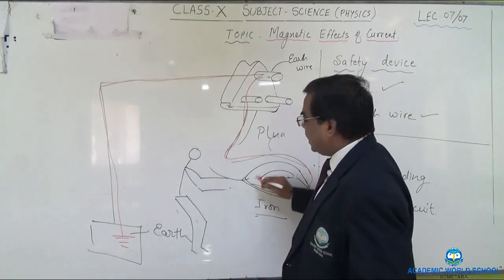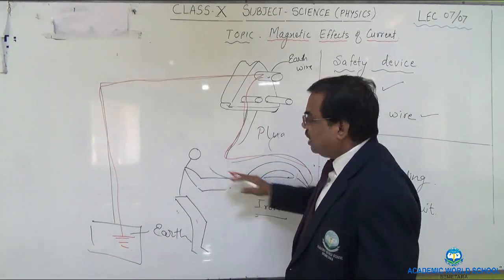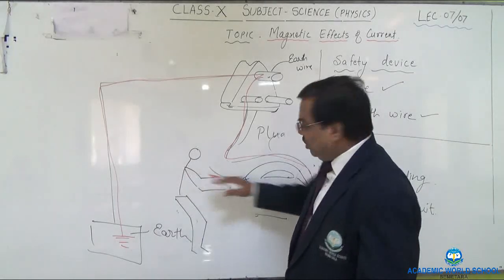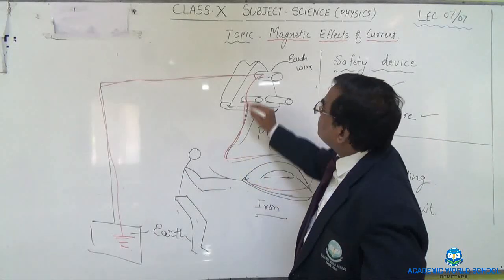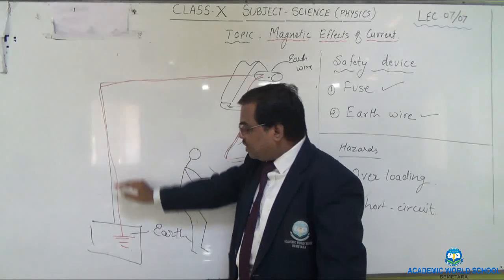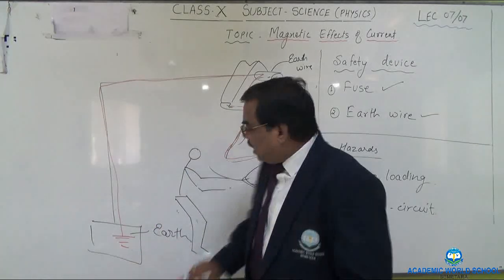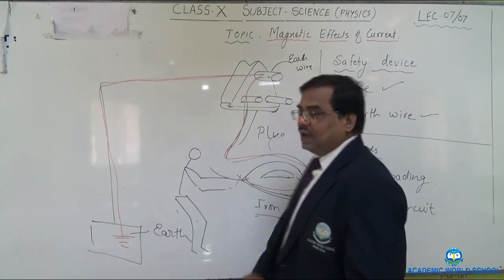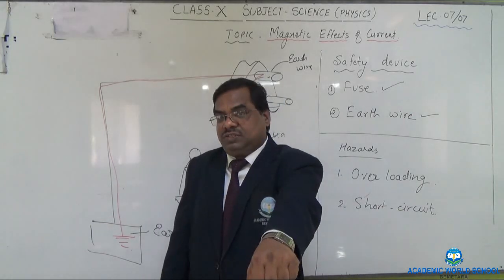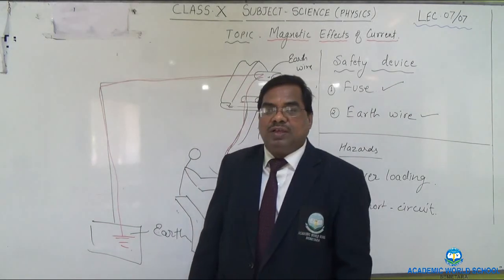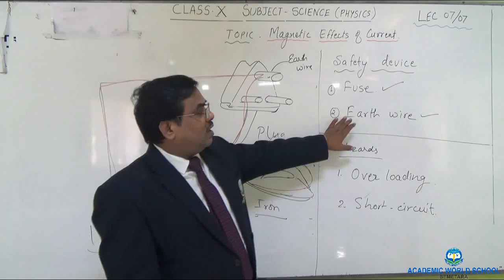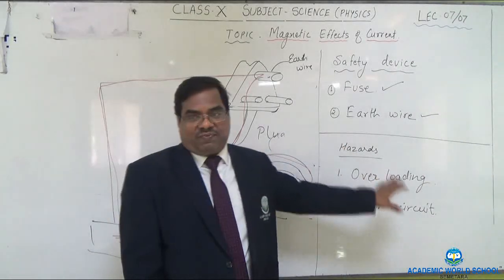So the leakage current of the iron which could have given you shock will now flow through this easy path and finally come into the earth, and you will not get any electric current. Even if you touch it, you will not get shock. So this is how the earth wire is safe.